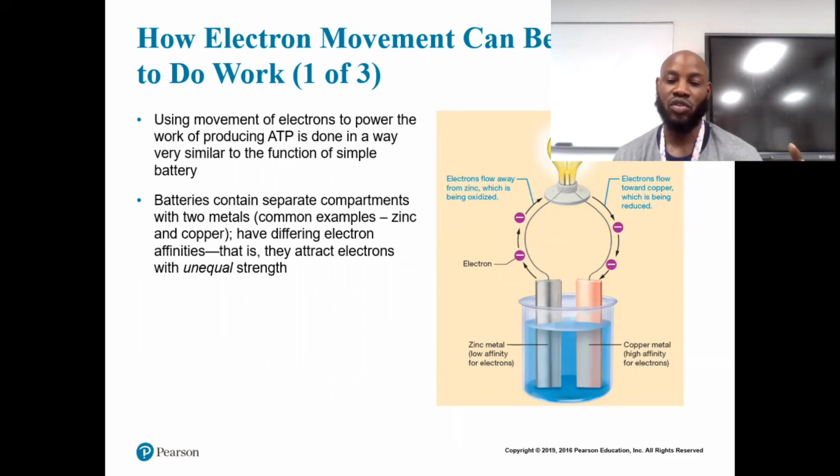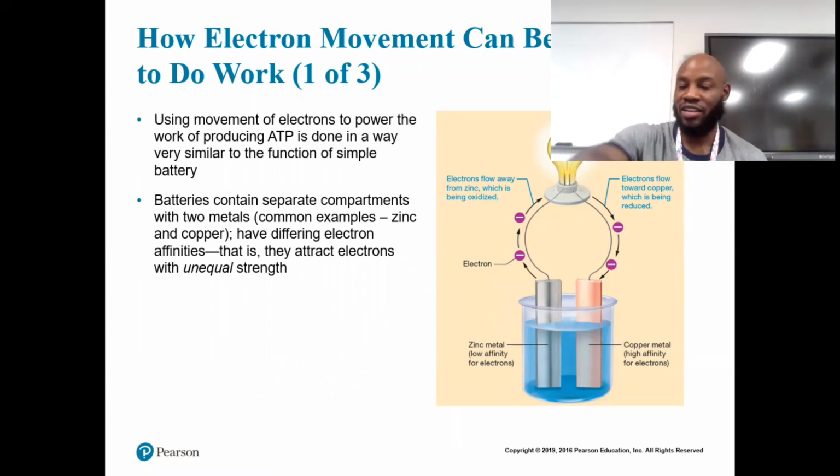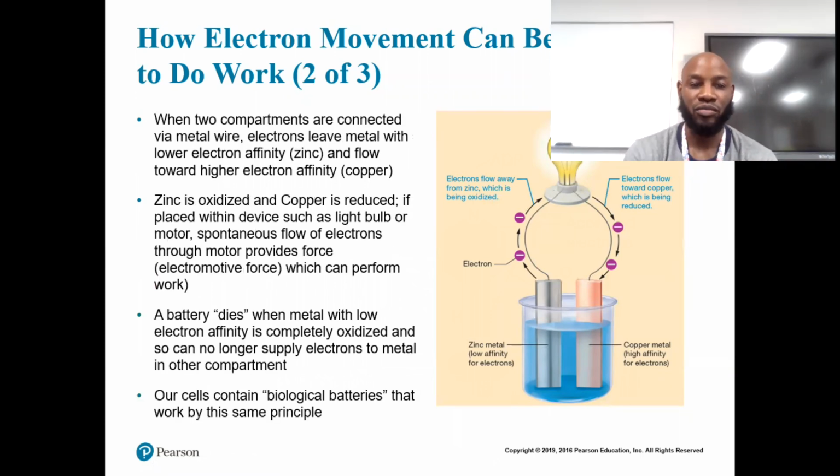The zinc is slowly being oxidized, it's losing electrons, while the copper is being reduced, it's gaining electrons. And that flow of electrons is what we call electricity. That's what produces that flow, that movement that lights a light bulb, okay? Very simply put. And this makeshift battery will die when the zinc no longer has electrons to lose, when it has been fully oxidized.